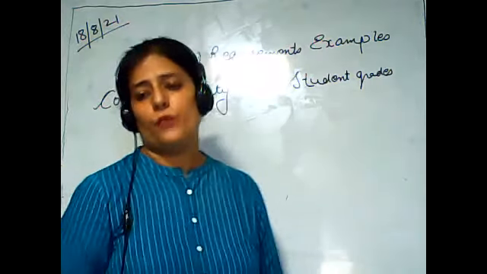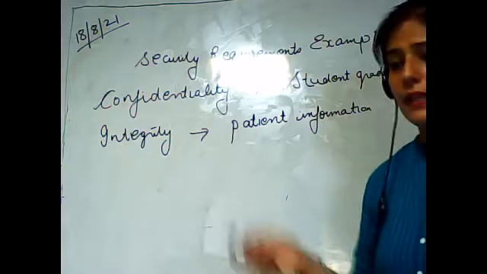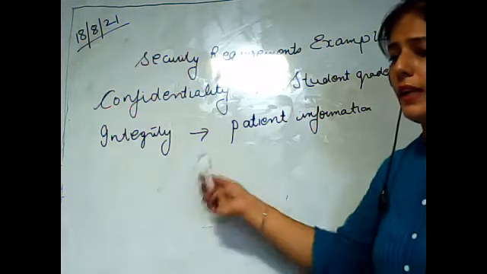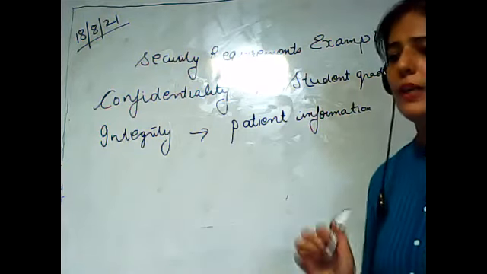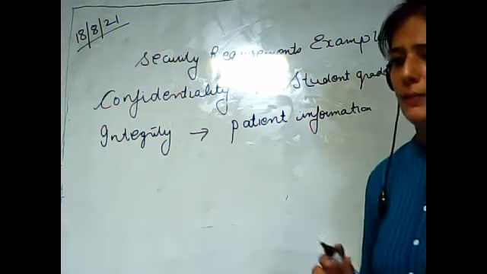Some patient is having a particular test, or we need to diagnose some particular problem. Whatever information is available regarding that patient should be in proper integrity and clear. So when we talk about integrity, consider the example of patient information.